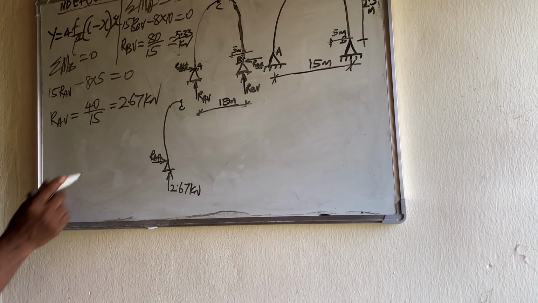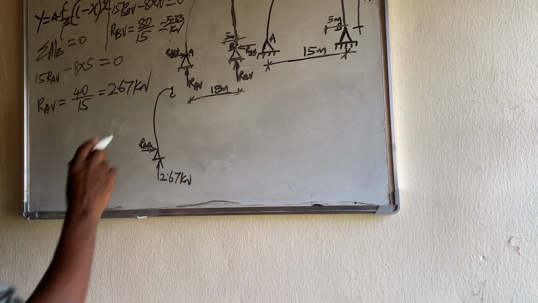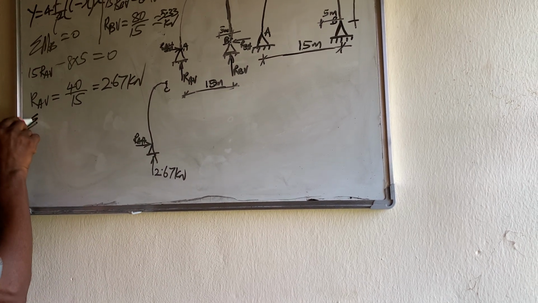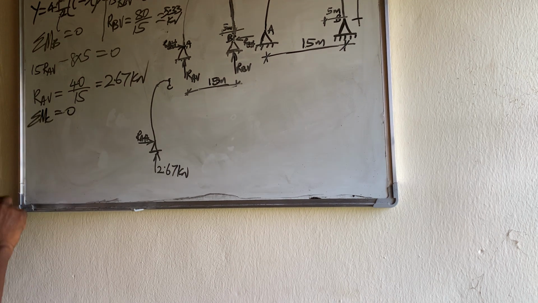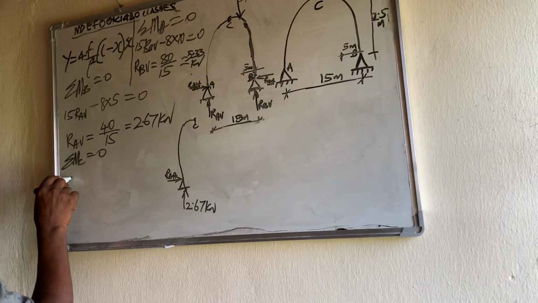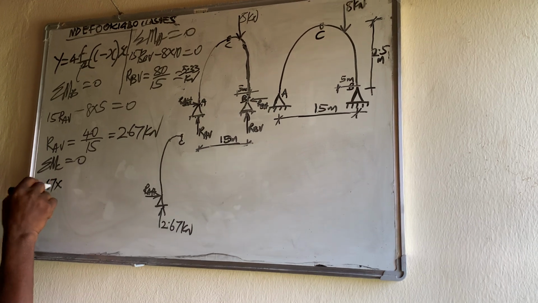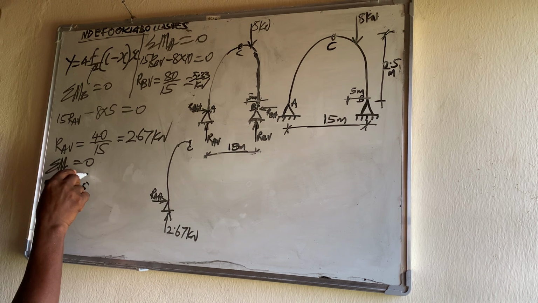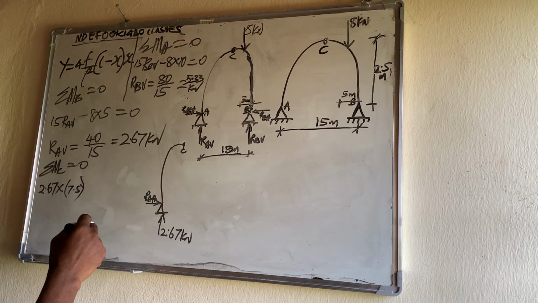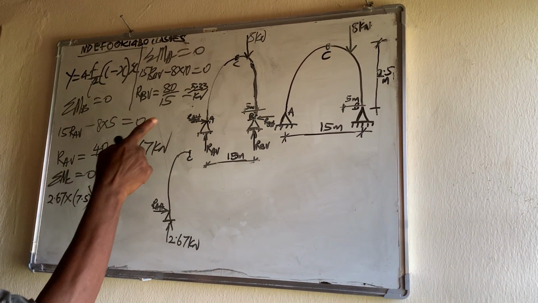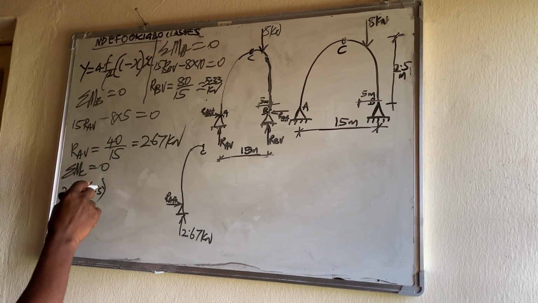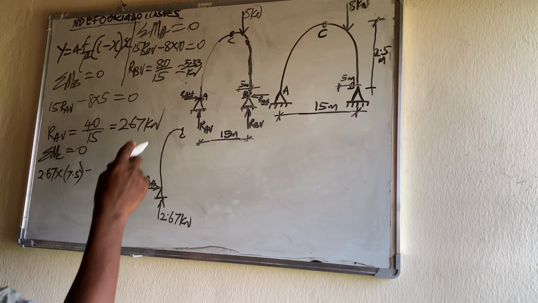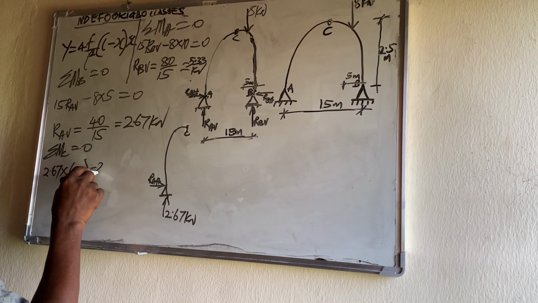So we take moment about point C. Total moment at point C is equal to 0. We have 2.67 times the distance to C, that is 7.5, half of 15. Then minus R_A horizontal times its vertical distance to that point, which is 2.5.